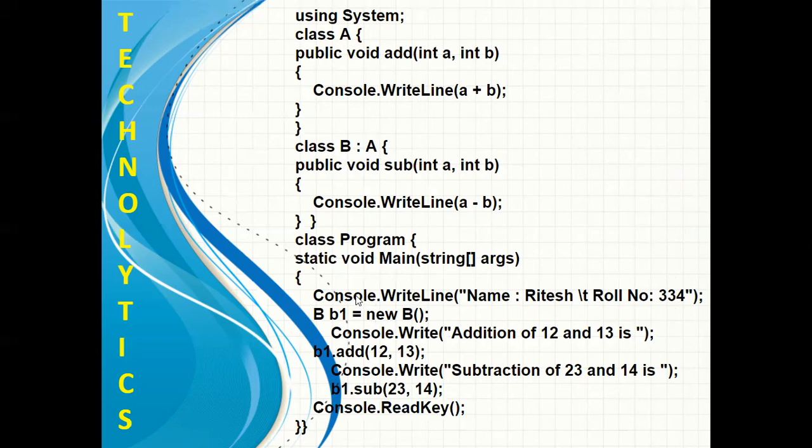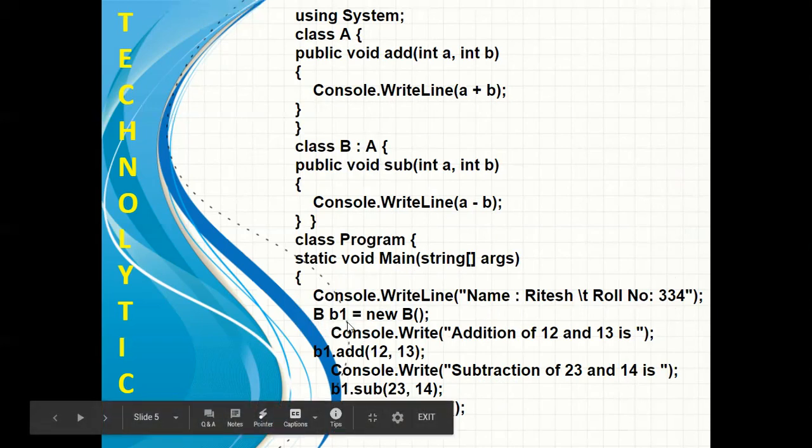Here we are displaying the author's details on the first line. On the next line, we have created one object of class B. Please note that we are not creating an object of class A. Instead, we are creating an object of class B. And now we are trying to call the method add.